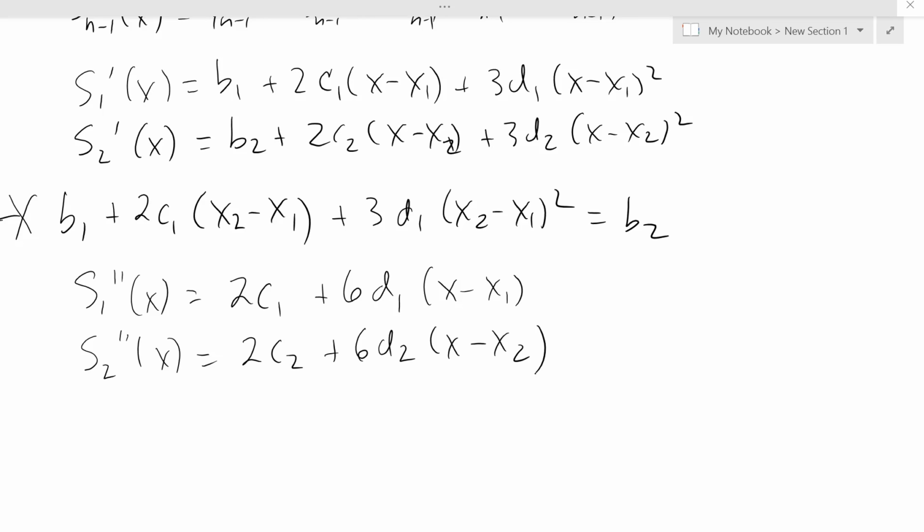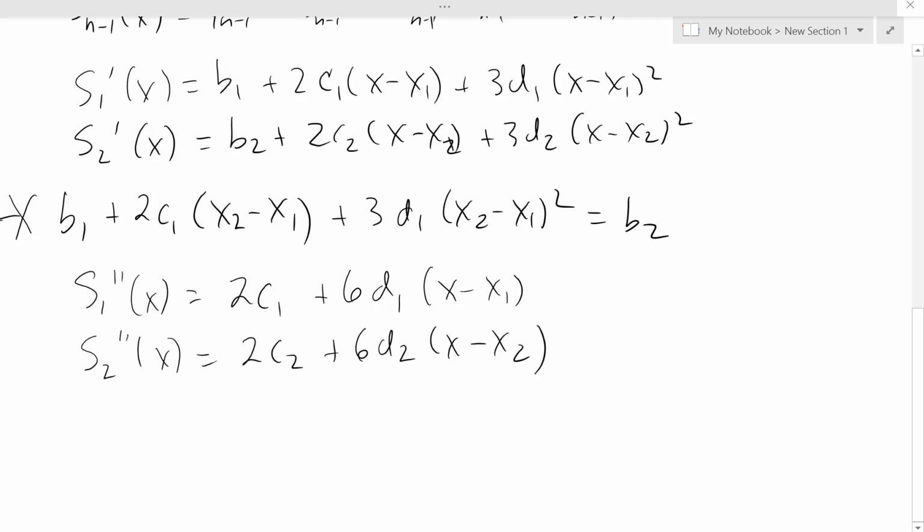Now again, we want to make sure that the second derivatives match up at those endpoints as well. For splines, they call them the knots, because you're tying them together. Literally, that's why they call them knots. So we want to make sure that the second derivatives agree at the knots. When I plug x2 into each of these, they ought to be equal.